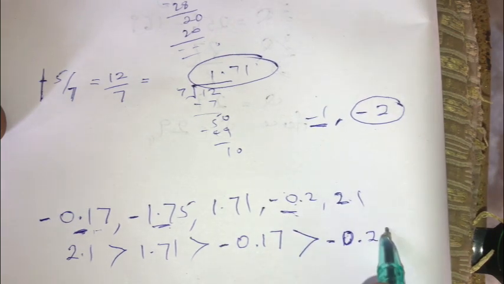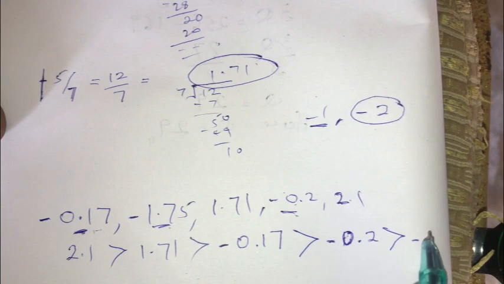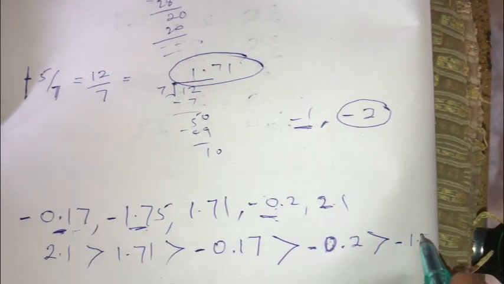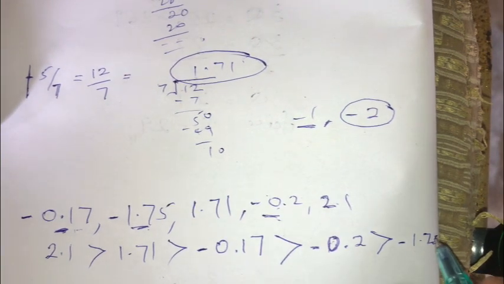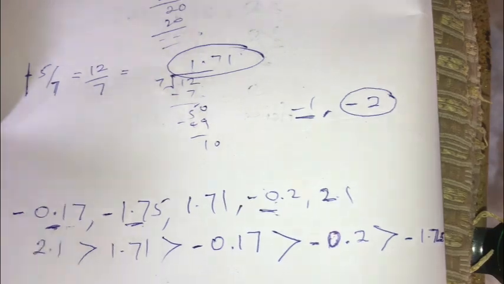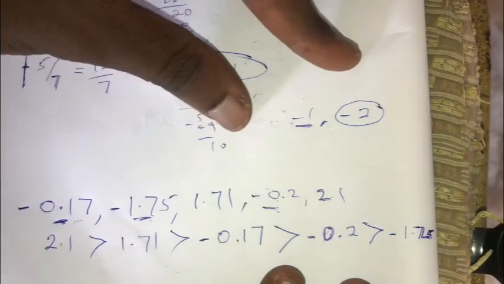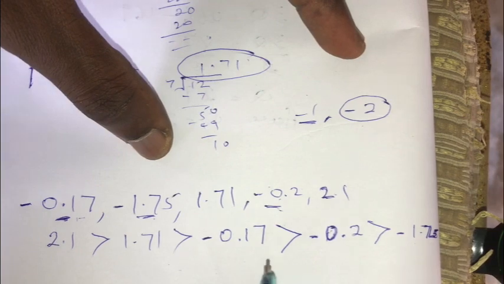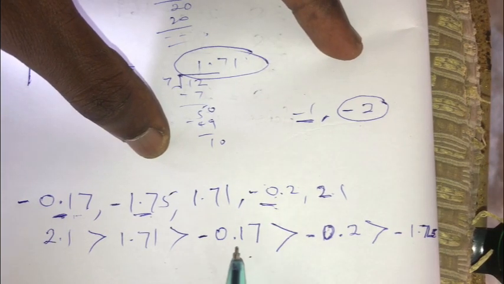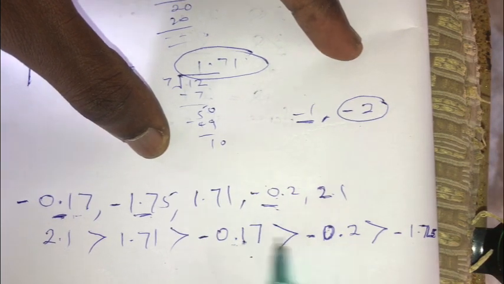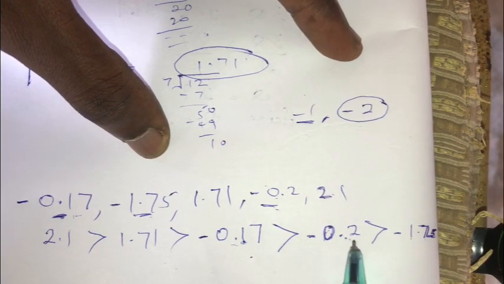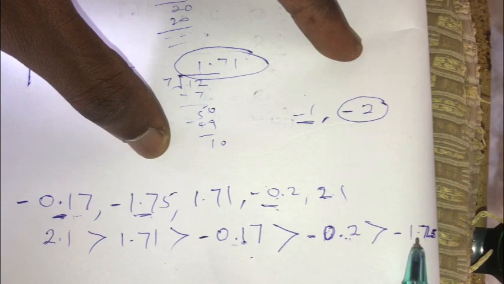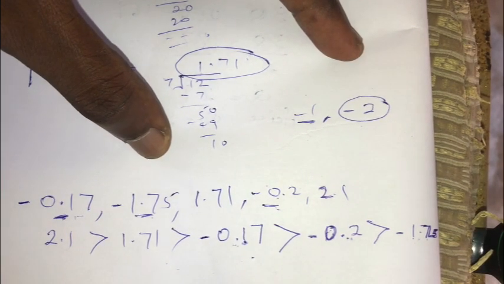And negative 0.2 is also bigger than negative 1.75. So as I was saying, with the negatives, the smaller the number, the bigger it is. So this is smaller than this. When you look at the numbers, 0.1 is smaller than this, so this one is bigger than this. Then this one is also bigger than this.